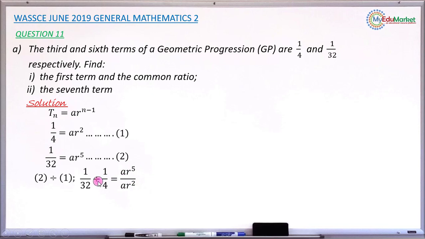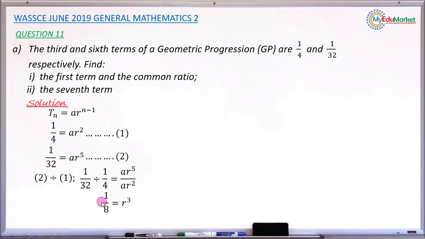Changing the division to multiplication, you have 1/32 multiplied by 4/1, and 4 divides 32 to get 8, so the left hand side becomes 1/8. On the right hand side, a cancels a, and r raised to 5 divided by r raised to 2, applying the law of indices where you subtract the powers, gives r raised to the power of 3.